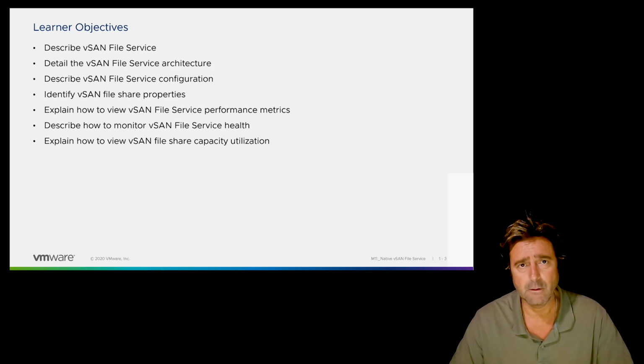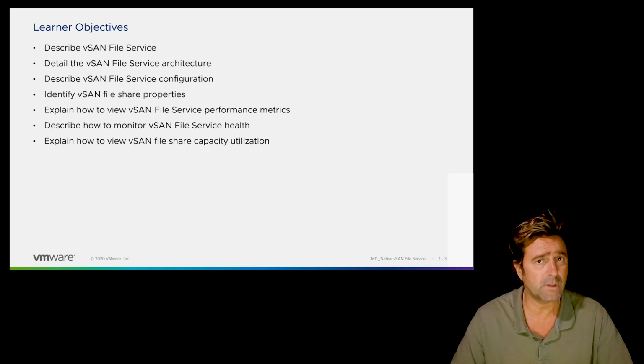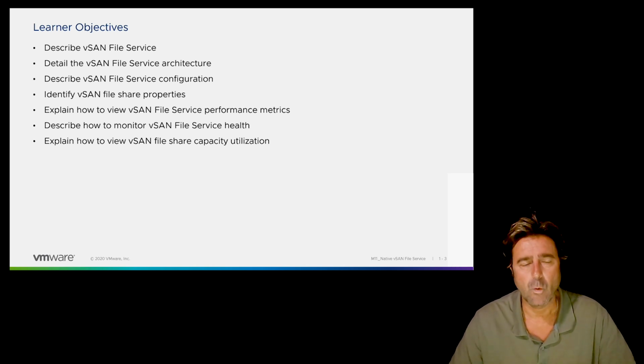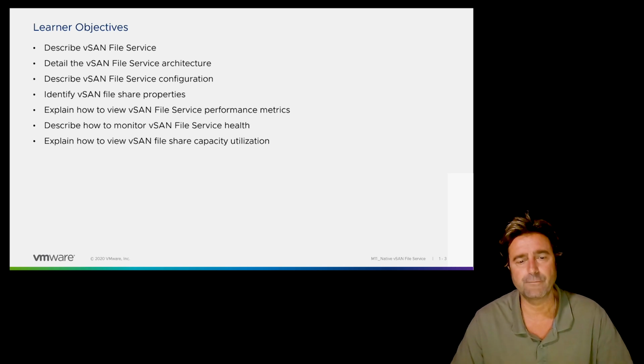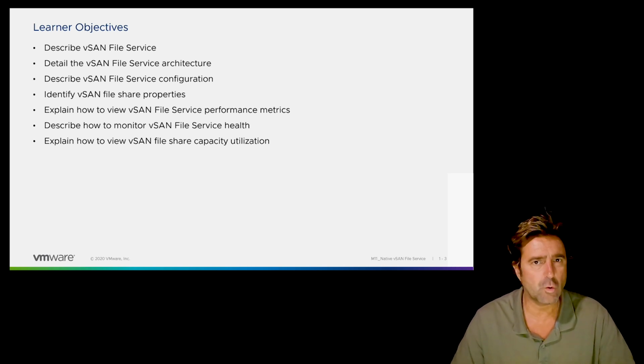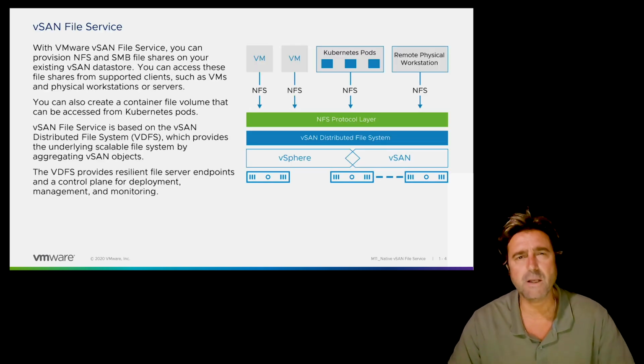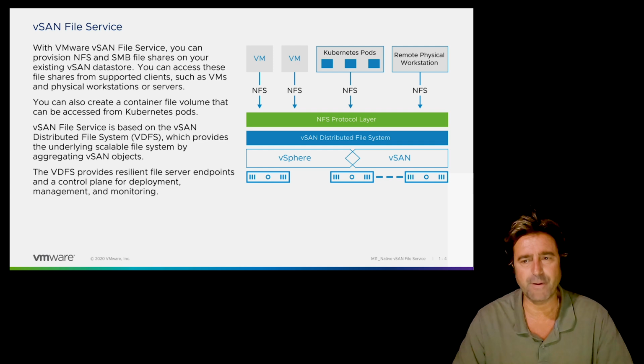The second part will show you how to create a share. We're going to look at the attributes of the share, and then I'm going to show you how to mount it from another machine. As you can see here, we have a series of goals. And once again, in this case, I am going to show you how to do all this using the vSphere client.